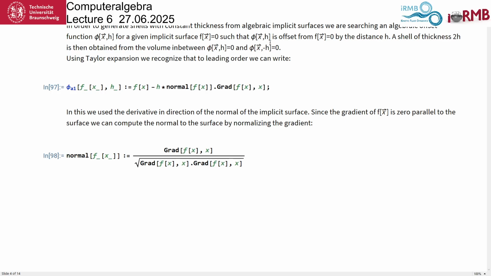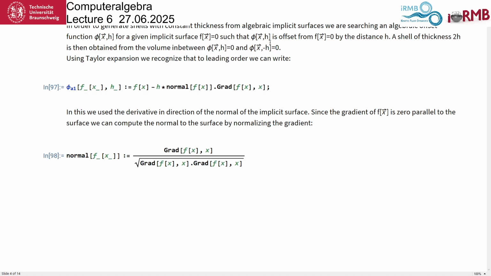Now, the problem, as we just discussed, is that if we move or scale the functions around in order to build this shell, we are not moving them in the direction normal to the surface. Yeah?